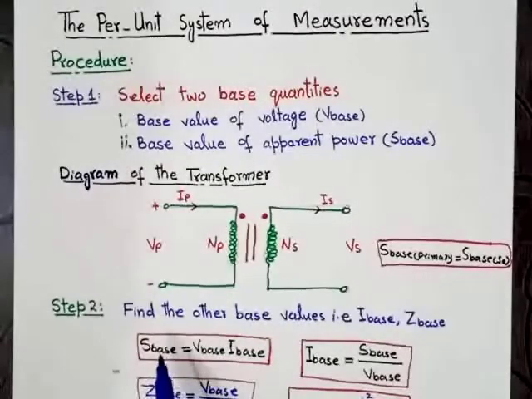In step number 1, we select the S base and V base. By using these two values, we can determine the base value of the current. So the base value of the current will be equal to S base over V base. By putting the values of S base and V base in this equation, we can determine the base value of the current.